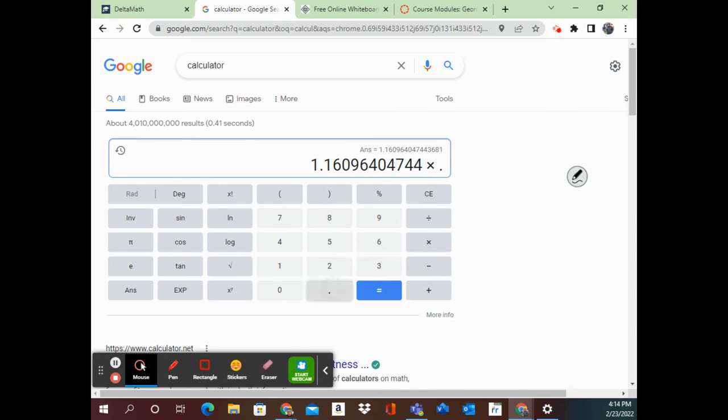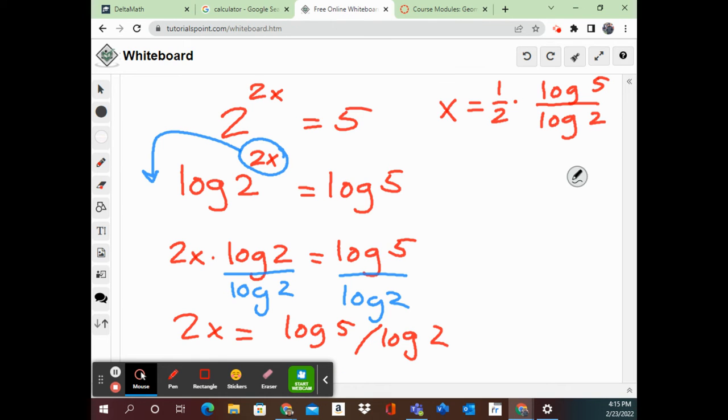Now, let's say I wanted to divide that answer by 2 instead. I would put it in parentheses, 1 divided by 2, and I'm going to get the same answer. This is the basis on how we want to answer some of these questions.